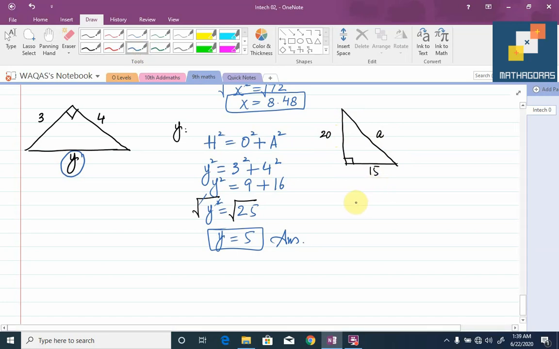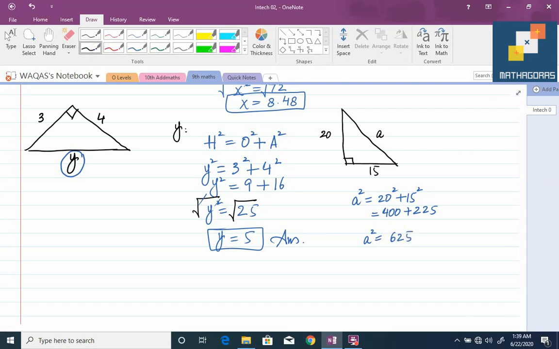It will be a square is equal to 20 square plus 15 square. Solve it with the help of a calculator. 20 square is 400. 15 square is 225. We need to add these two. It will be 625. So a square is 625.